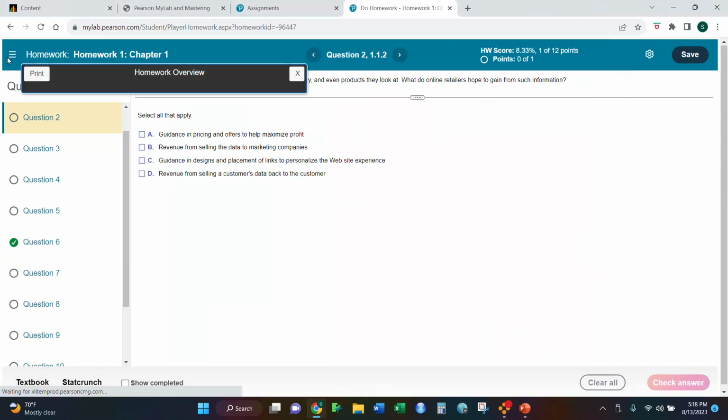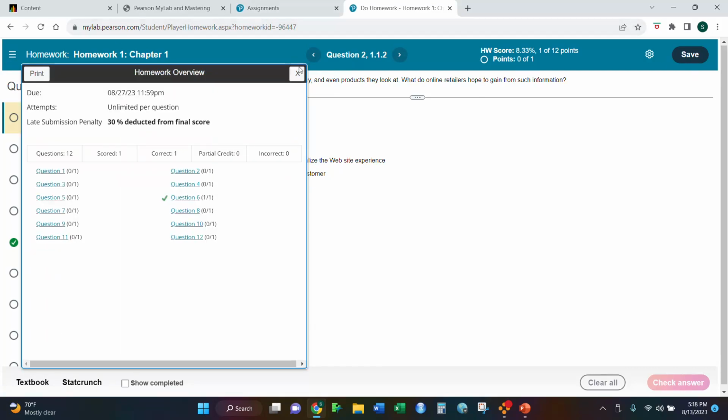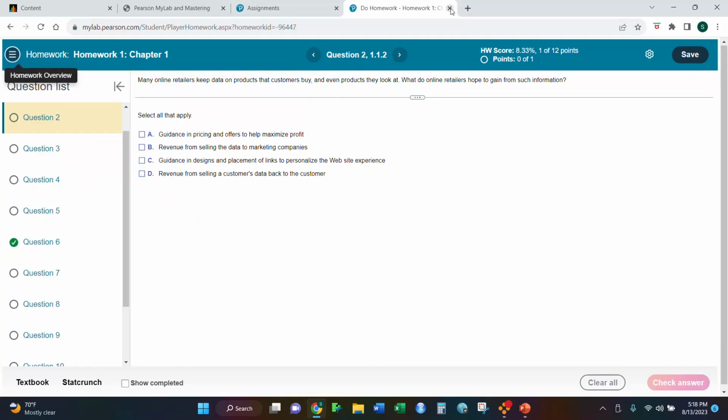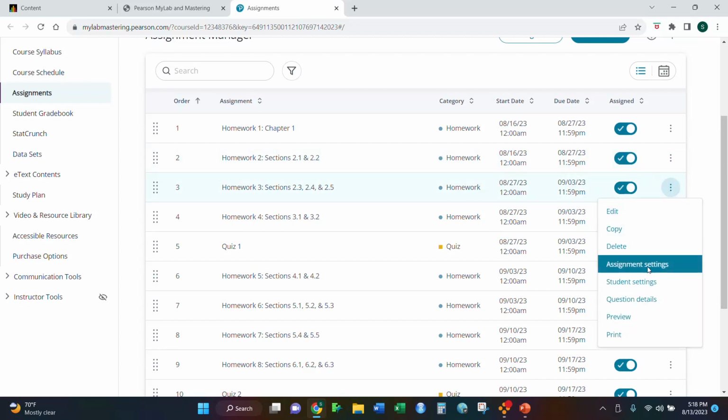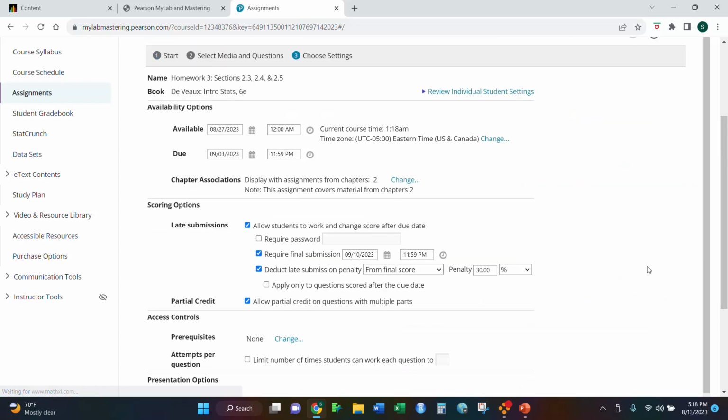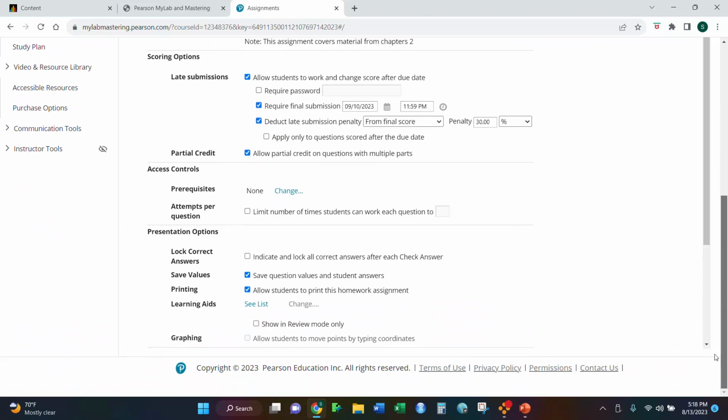All right, so I am going to exit out of this homework. I'll try homework 3 because I really wanted to show you one where there were numbers in it.